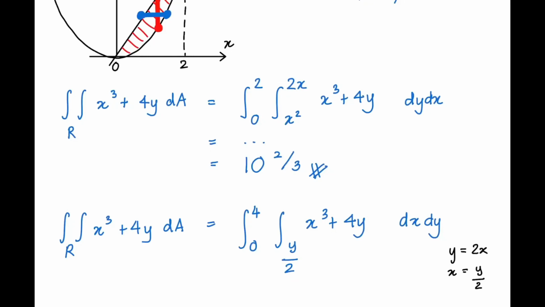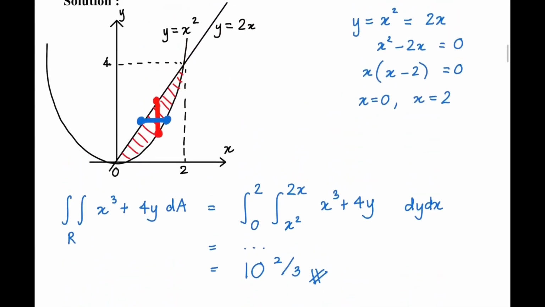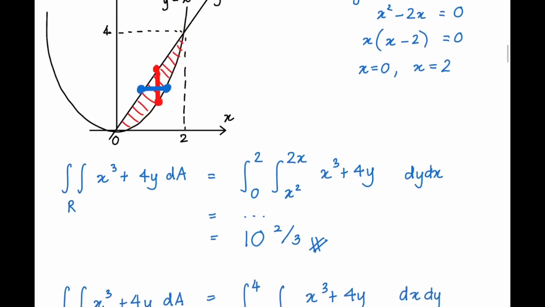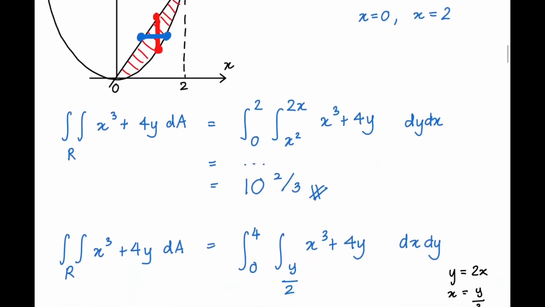Okay, now let's do our upper limit. So let's go back to our figure here. Our upper limit is that bit which is at the curve, y equals to x squared. But you cannot put everything in there, so let us do that over here.